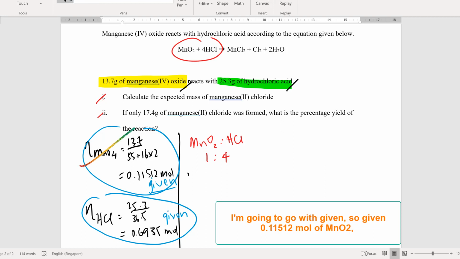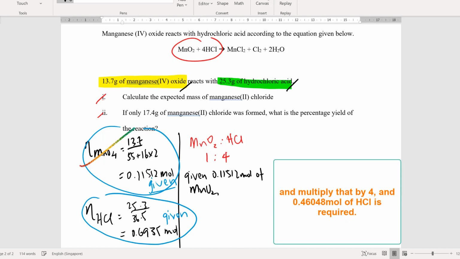So given 0.11512 mole of MnO2, we multiply that by 4, and we find that 0.46048 mole of HCl is required.